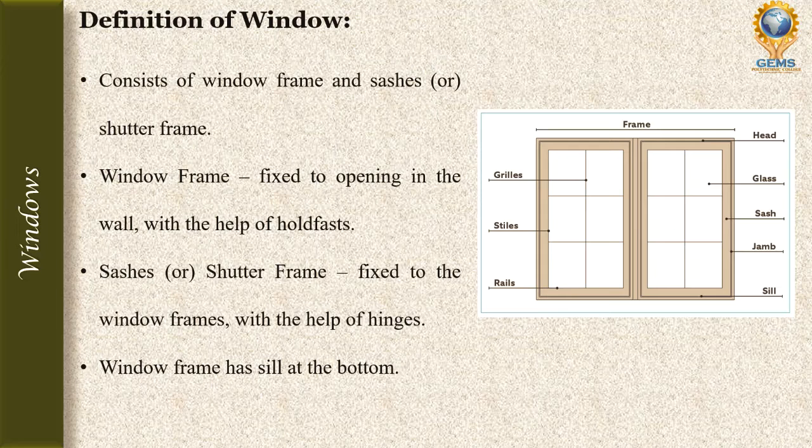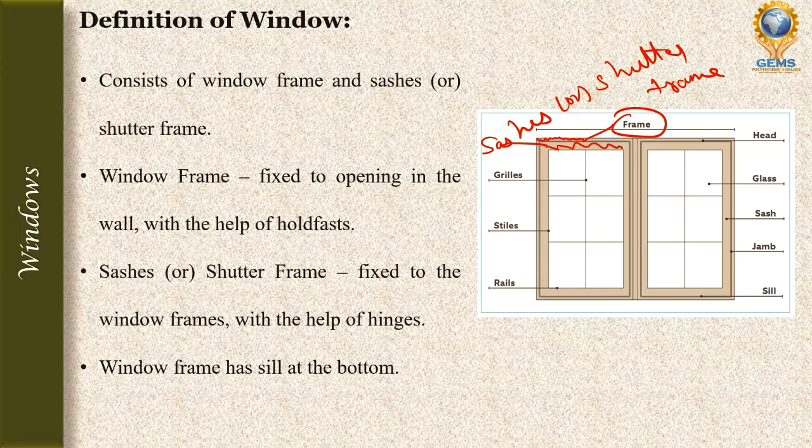If you take any window, that window will consist of two parts. One is the window frame. This portion is the window frame, and this one is the sashes or shutter frame. So these are the two parts.